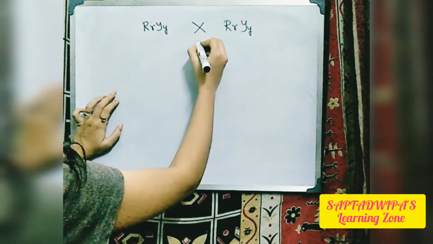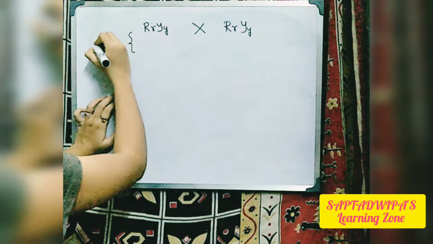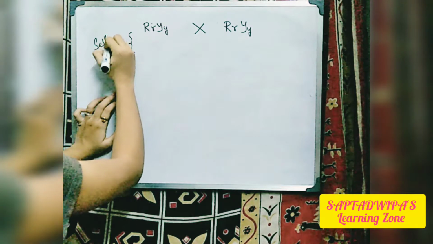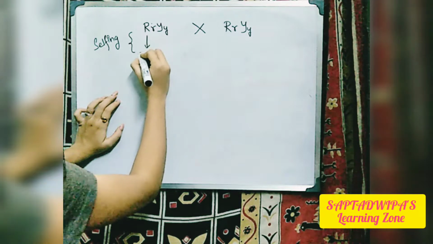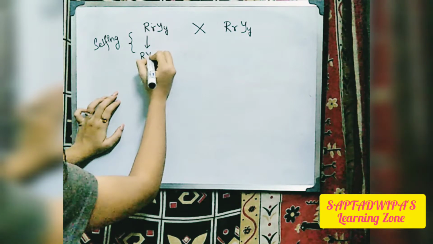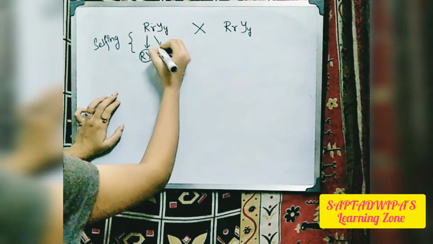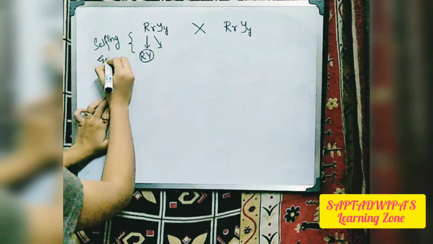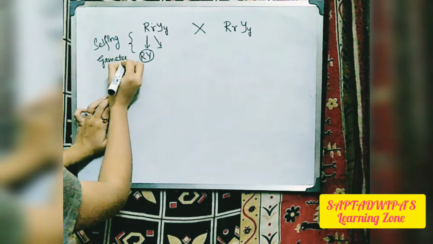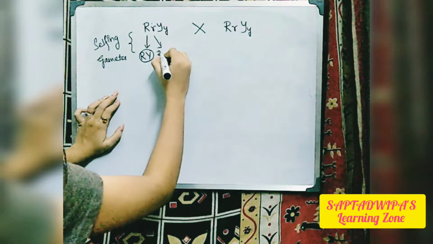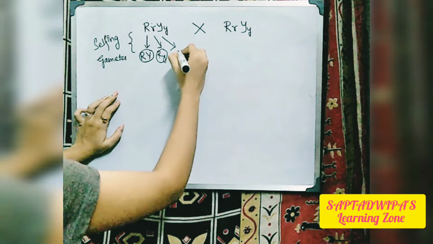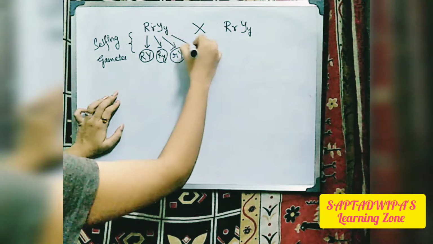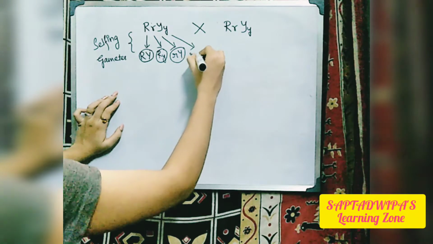This process which occurs here is called selfing. Selfing led to the development of RY. The gametes which were produced were capital R, capital Y, capital R, small y, then small r, capital Y, and small r, small y.